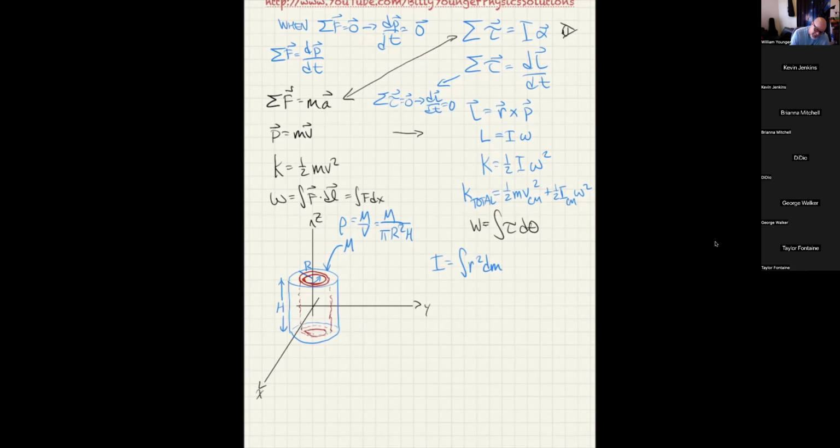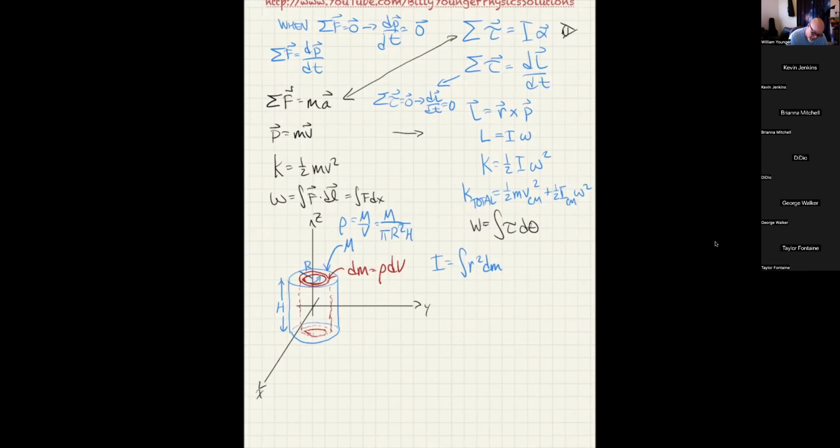If you remember this from your calculus class, this little mass right here, dm, is equal to rho times dv. That's just from the definition of density. Density is mass over volume, so if you multiply density times volume, you'll get the mass.